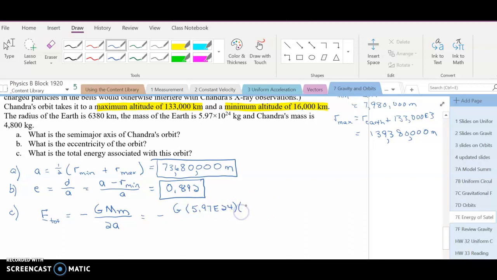The small mass is Chandra. And remember, the total energy is going to be negative since it's a satellite. Okay, so I've got G times the mass of the Earth and I get negative 1.297 times 10 to the 10th joules.